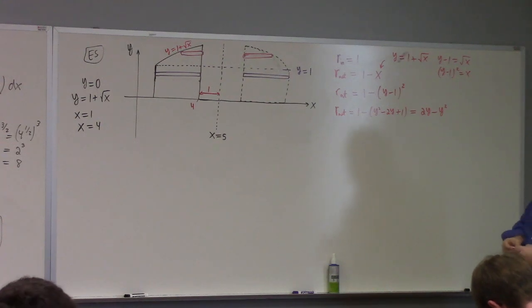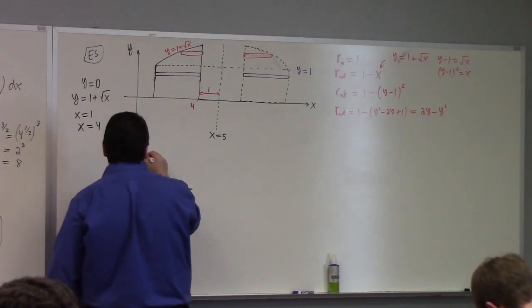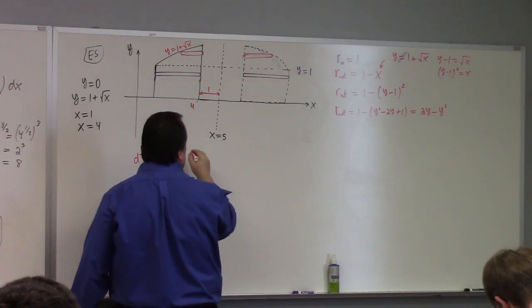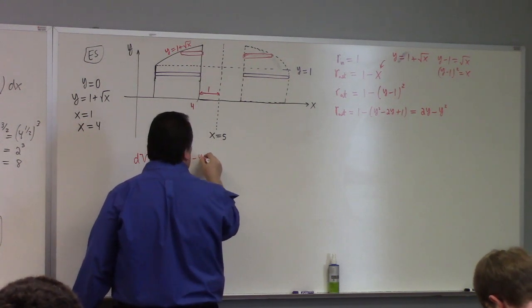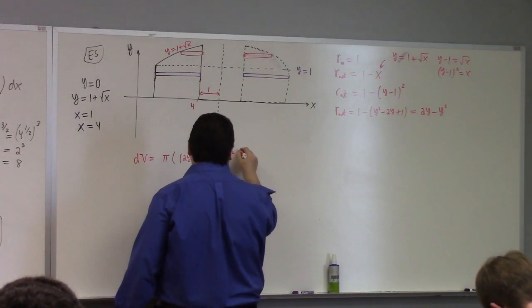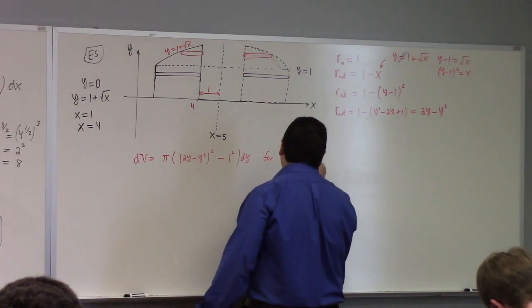So for the upper washer, we have dV is pi times 2y minus y squared, squared, minus 1 squared dy. That's for 1 less than or equal to y less than or equal to what?